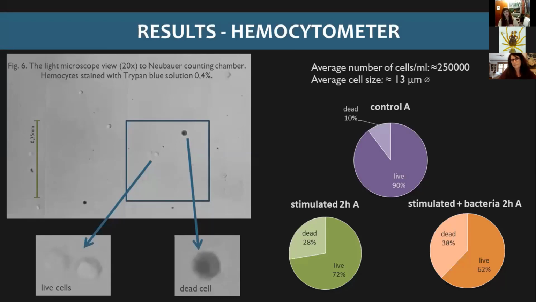And then we know how many live cells and dead cells were in our experimental groups. So the control group has got some dead cells, but with the levels of stimulation, the amount of dead cells also increased, and in stimulated plus bacteria cells of hemolymph, we have got the highest level of dead cells.